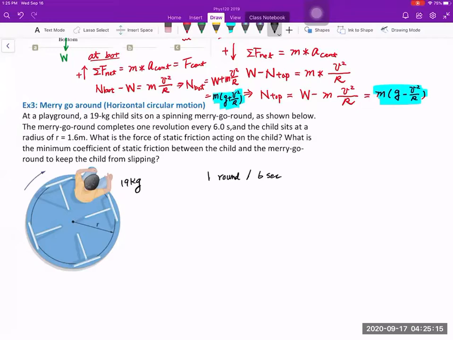It tells you the R is 1.6 meters. And we want to find out what is the static friction force acting on the person.